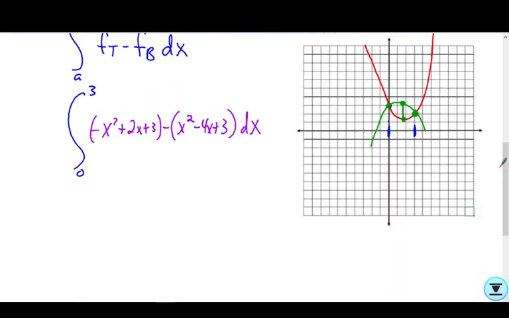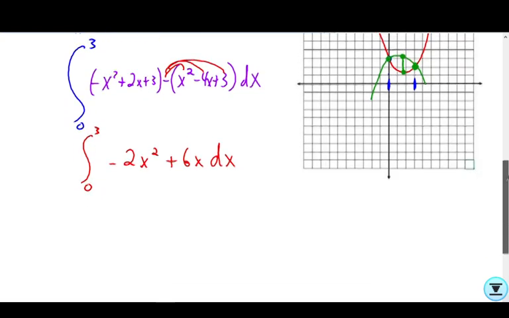And at this point, we're just evaluating a definite integral now. So let's simplify this. So 0 to 3, and this distributes in, so I get negative 2x squared plus 6x dx, okay? So make sure you distribute the negative into each term as you add them all up, okay?